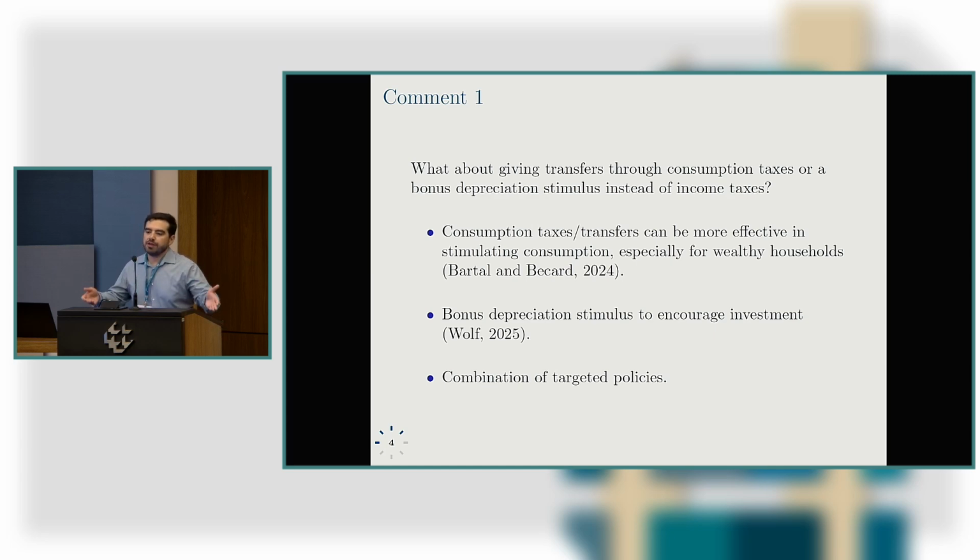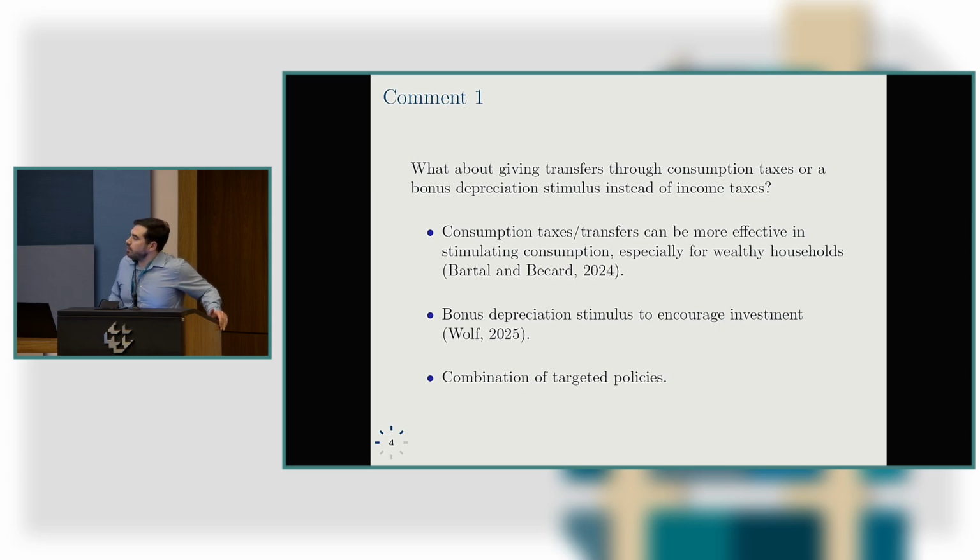In a similar vein, we can think about this from the firm perspective. So instead of directly giving the transfer to rich households for the saved, you can give directly a bonus stimulus to the firm in order to invest, and you bypass the direct effect through the transfer.